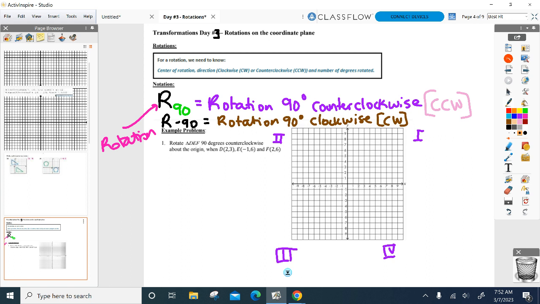All right, how are we actually going to rotate these points now? Let's figure this out. Take triangle DEF. Let's throw it on the graph first.